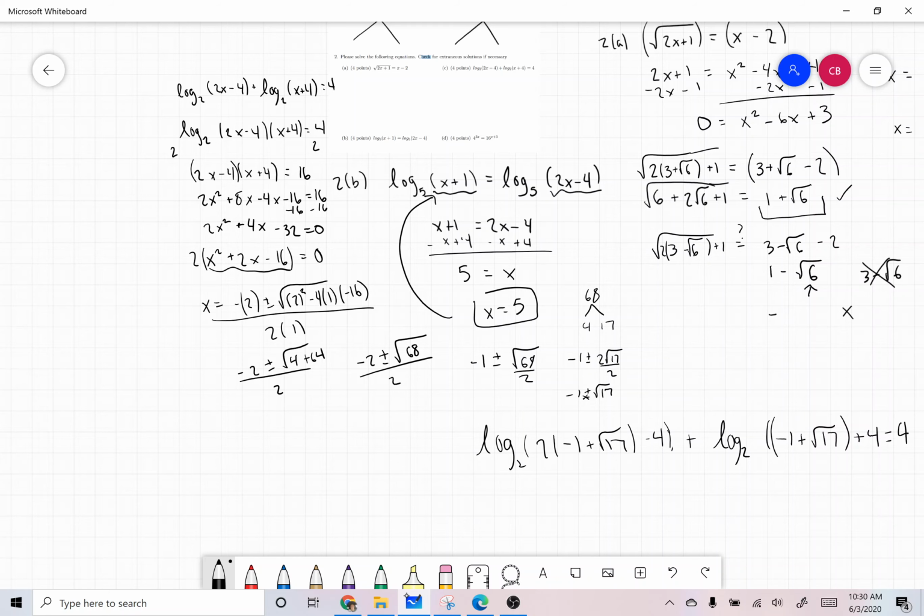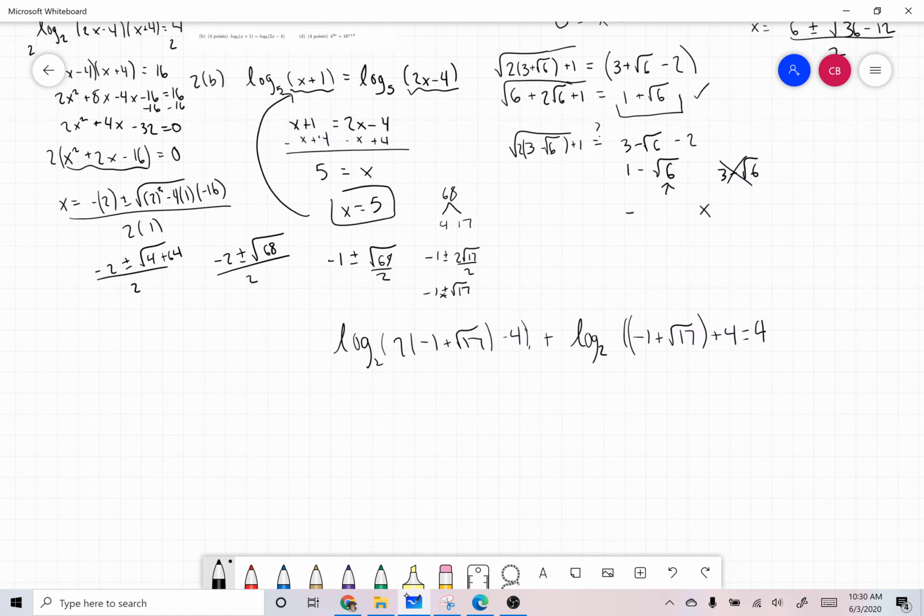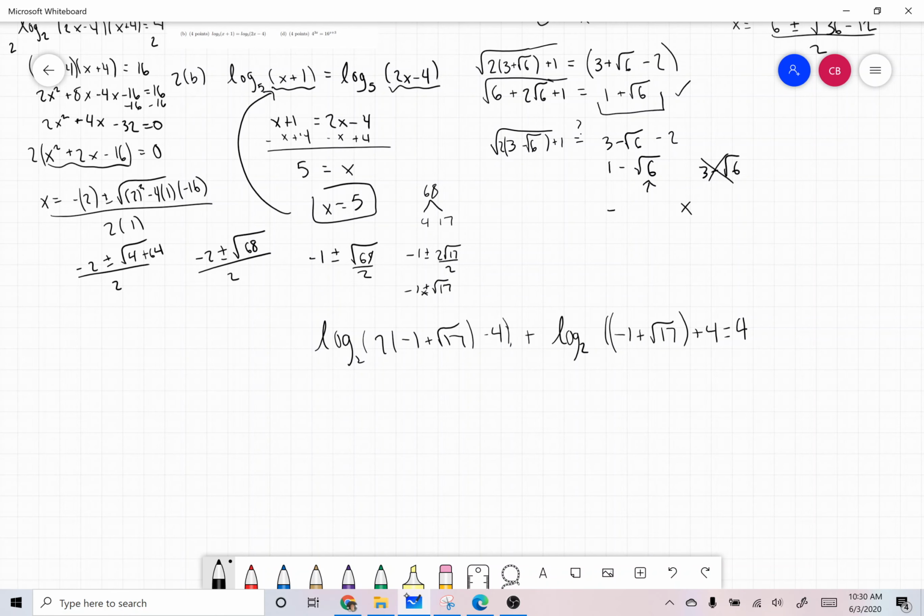I'll have nicer ones probably on the test anyway, so you won't get these square root 17s and things.